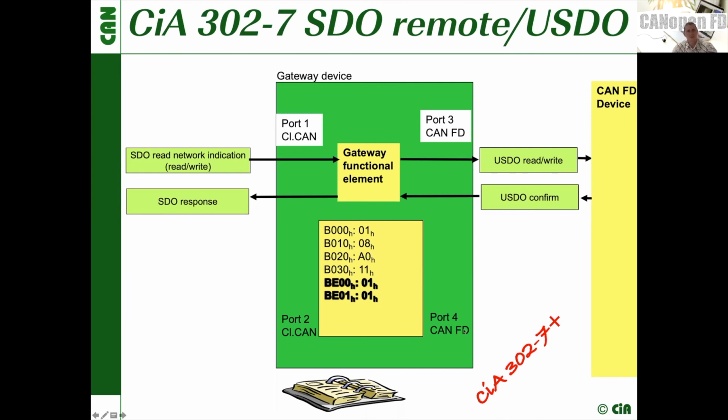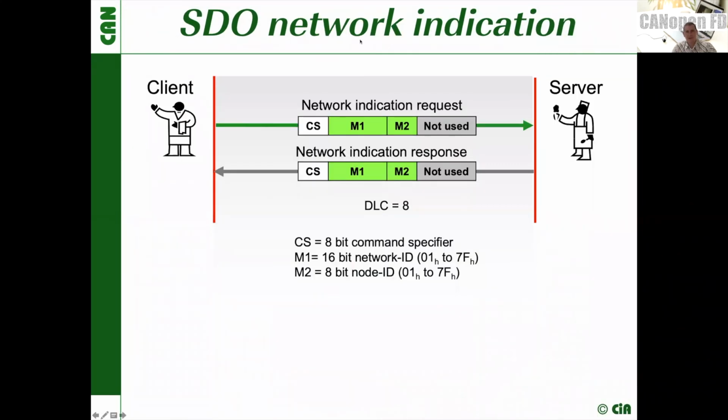And this allows you, if you have implemented on the one side CANopen and on the other side CANopen FD, to access via CANopen the CANopen FD side and access there any data element in the object dictionaries of the devices.